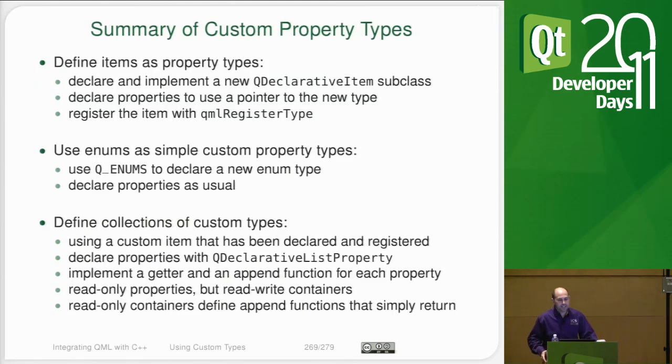So what we've seen is a way to make QDeclarative items that can be instanced and seen on the screen, like the ellipse. We've seen how we can export properties and enums. We've seen how we can export sub-items. So our ellipse had a style item.